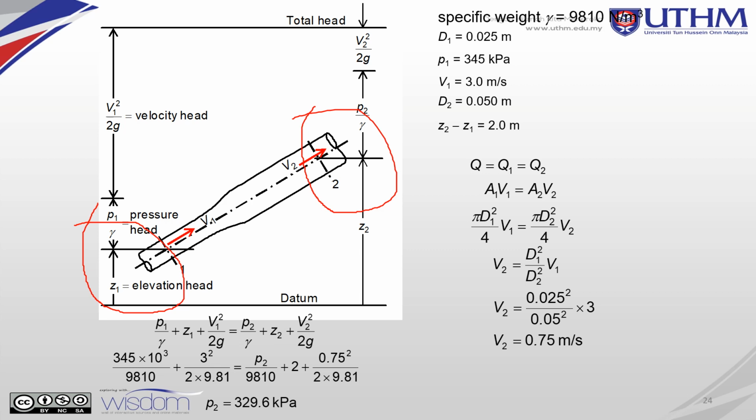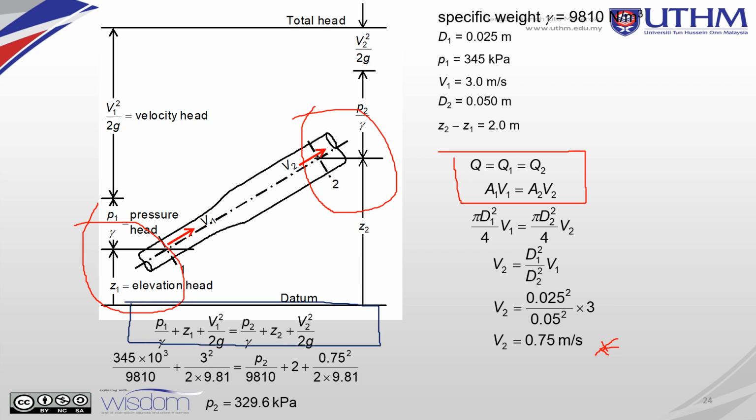We know that using the continuity equation, Q1 is equal to Q2, so A1 times V1 is equal to A2 times V2. From this continuity equation, you can get the value of velocity 2. After you get velocity 2, you must use the Bernoulli equation.